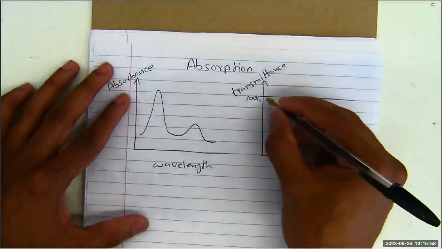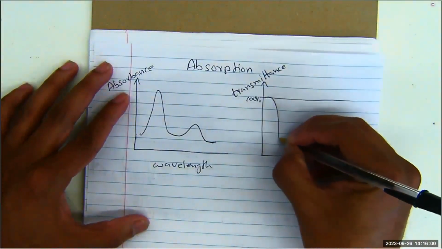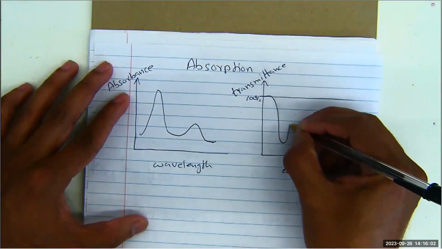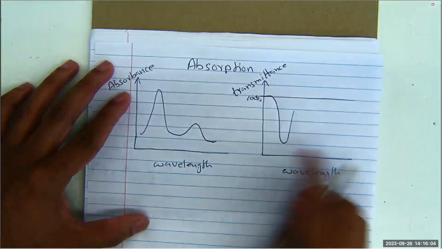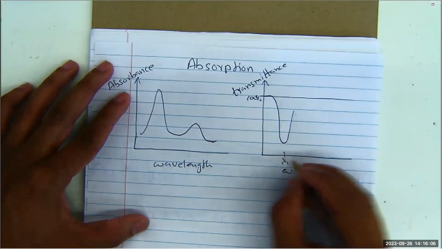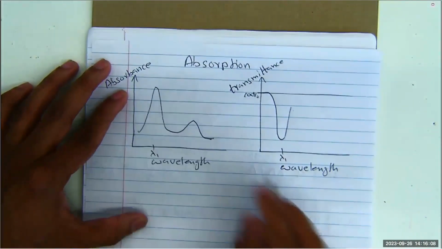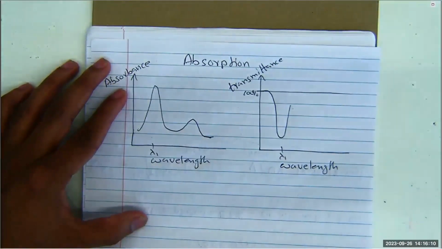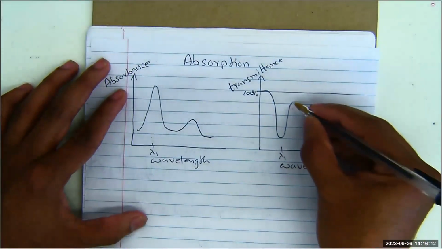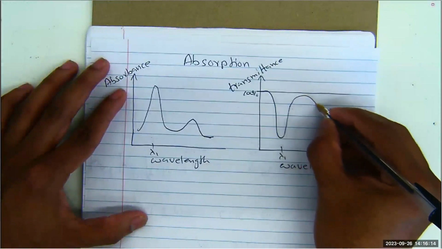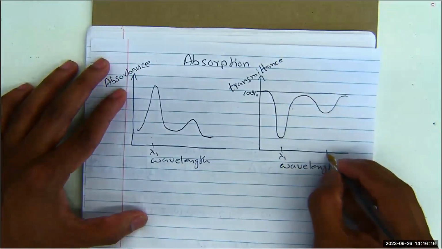For example, if you have a peak over here, then you will have a dip in the transmittance, meaning that wavelength is absorbed. Let's call it lambda 1, same here. It's absorbed by your sample, right? And then you have another peak around here, lambda 2.